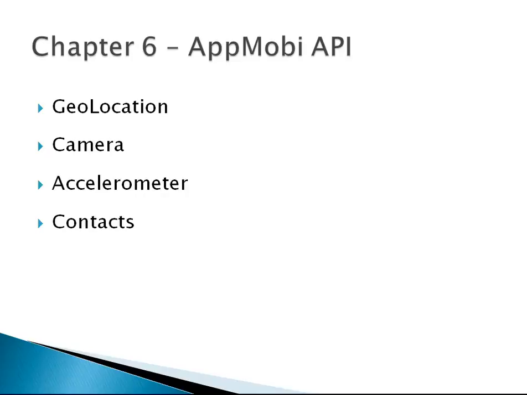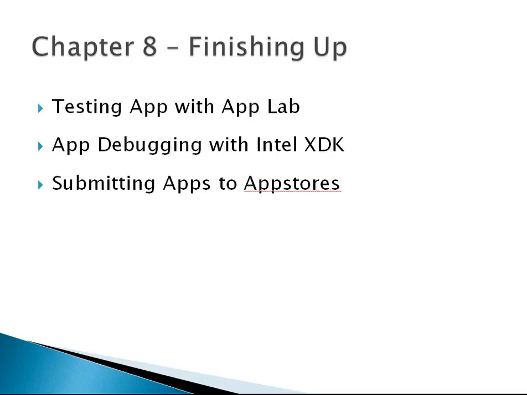Now I know we looked at these in PhoneGap, but now we're going to see what the difference is from Intel XDK to PhoneGap with these APIs. And we're going to build a single application that will do all these four operations, and we'll deal with these four APIs.